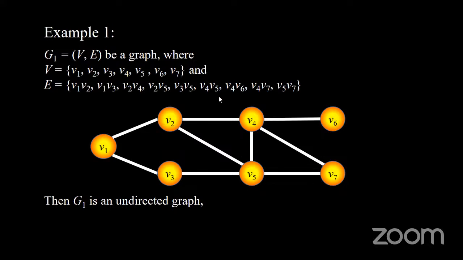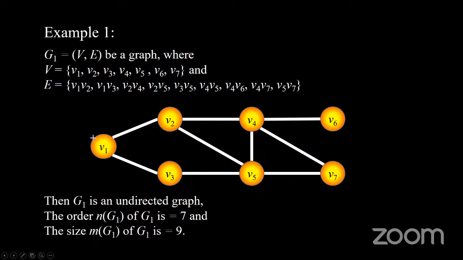So the order is 7 because there are 7 vertices. So these are the vertices. And there are 9. The size is 9 because there are 9 edges.